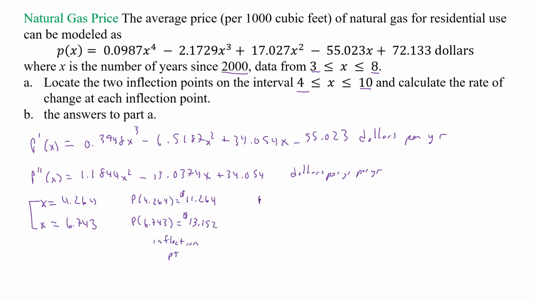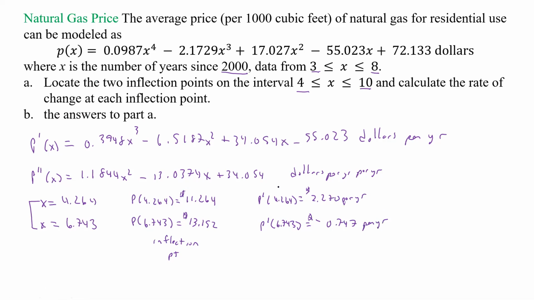And then we had P prime of 4.264 and P prime of 6.743. For 4, that was 2.270, and for the other, negative 0.747. This one was dollars per year, and that's negative dollars per year. Okay. Now it says we have to, is there anything else to do, recalculate change, inflection, answers, okay.